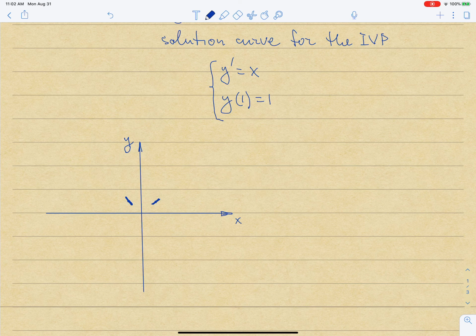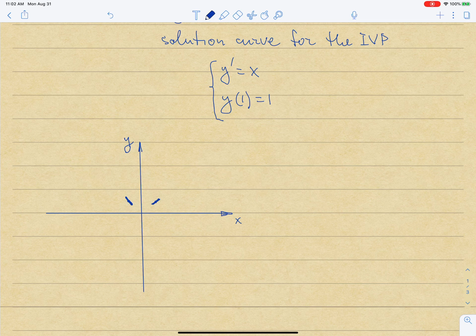If I want to sketch the entire direction field, then I would have to sketch these directions at many more points. Certainly it's not going to be very efficient to start selecting these points randomly, because there would be a lot of points that I'll have to select, and maybe I'm not going to select them in a reasonable way, so I'll miss some important features of the direction field.